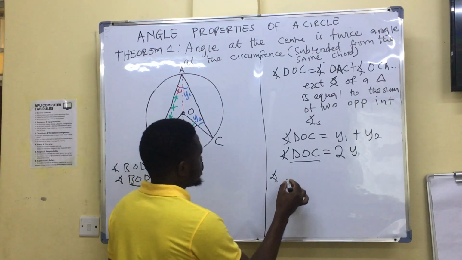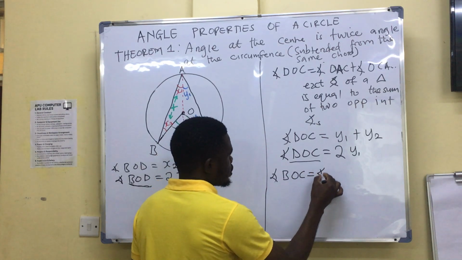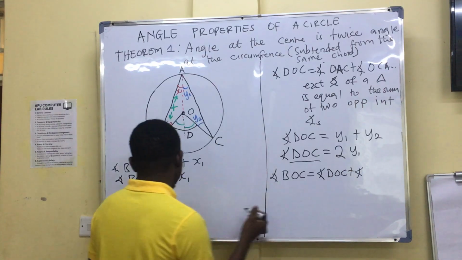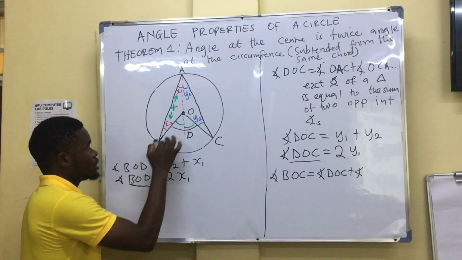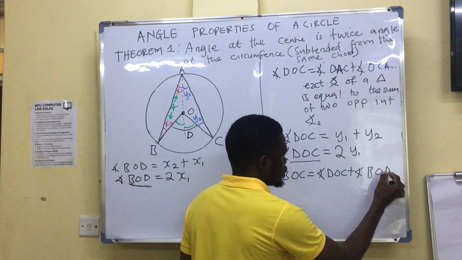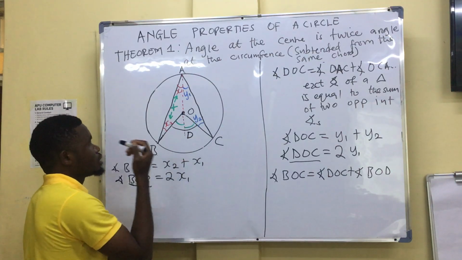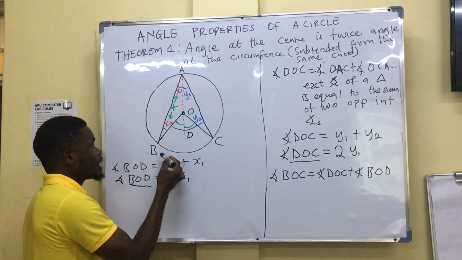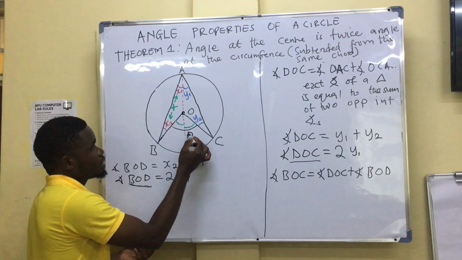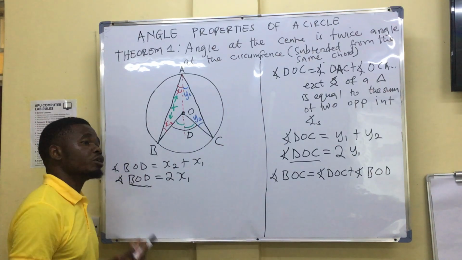Angle BOC is equal to angle DOC plus angle BOD. Meaning that to find the value of the whole of this angle, we need to add angle BOD, which is this one, plus angle DOC, which is this one, to get the whole of this angle. I hope the concept is clear.